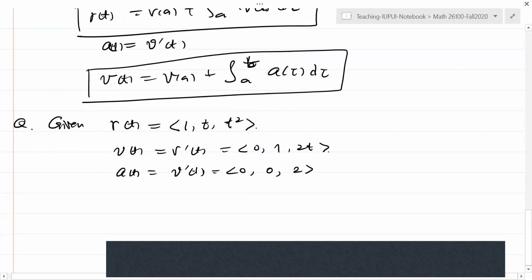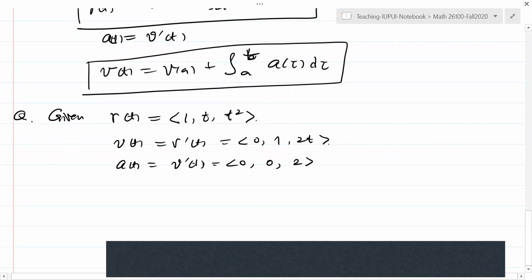The surprise to me, in this case, is that the acceleration is a constant. So this moving object in space is speeding up at a constant rate. It does not change the direction of the acceleration, it's independent of time t.